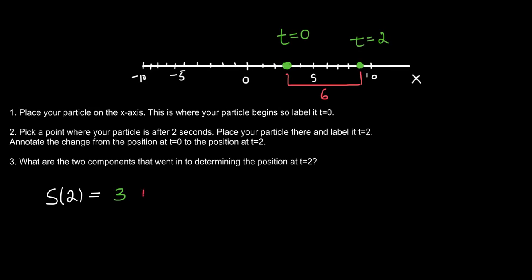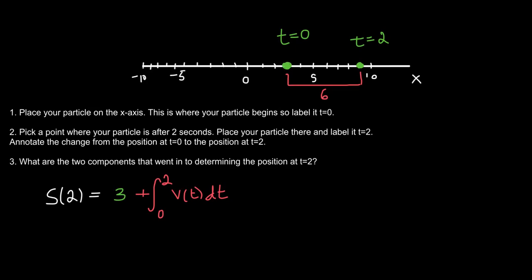And what I need to add on to it is the change in position from 0 to 2, which of course I can represent as the integral from 0 to 2 of v of t dt, right? The area under the velocity curve. And this can be true for any time that I want, right? It doesn't matter that this is time 2. Let's say I wanted any time t.